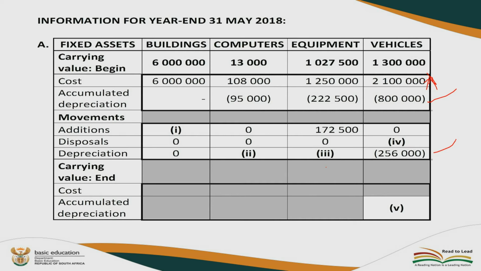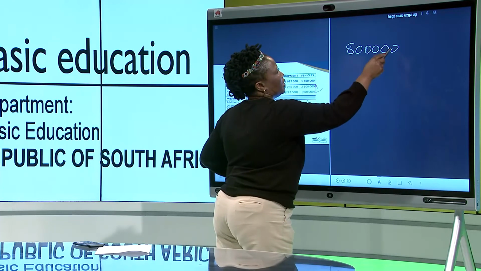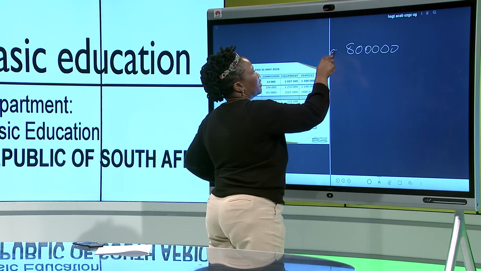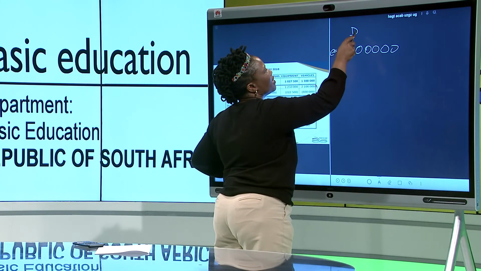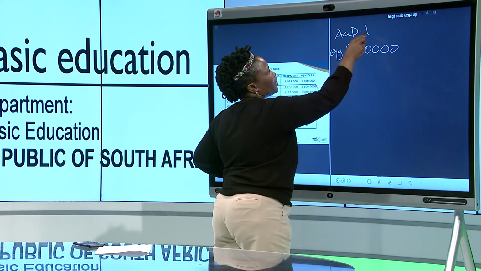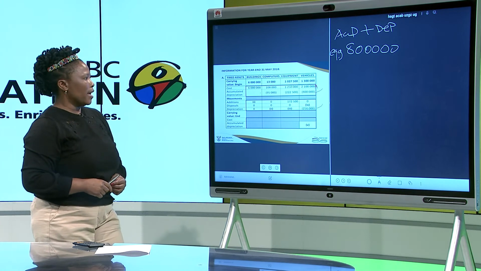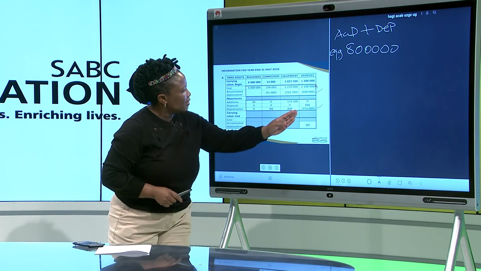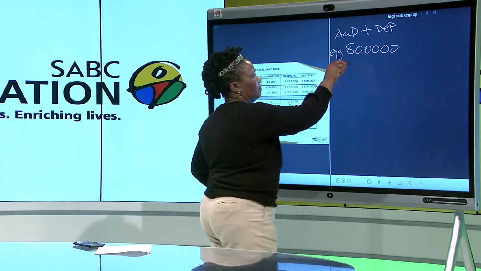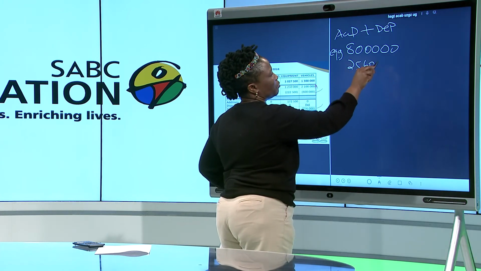Okay, let's look at the calculations. We have our 800,000 at the beginning. Remember, our focus is only accumulated depreciation plus depreciation. Okay, we are going to add the 256,000. This is our current depreciation.